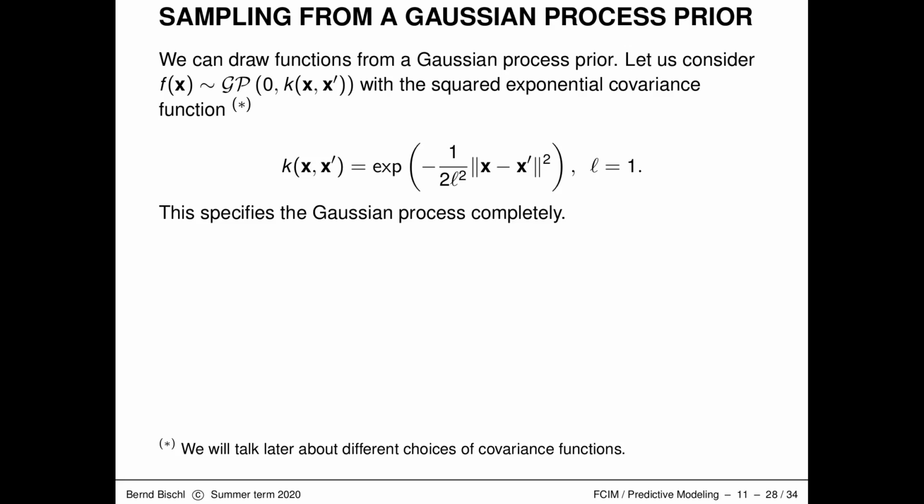So if you like this spatial smoothness property, you could, for example, pick such a squared exponential. And I want to mention one other thing. There's good news and bad news about this covariance function. The bad news is we have to pick it as a modeler, so that shifts some burden on us.